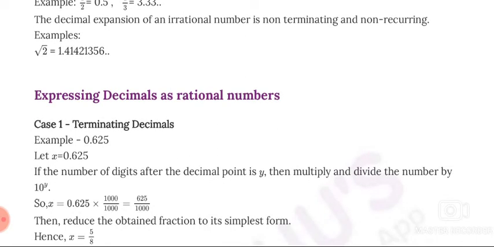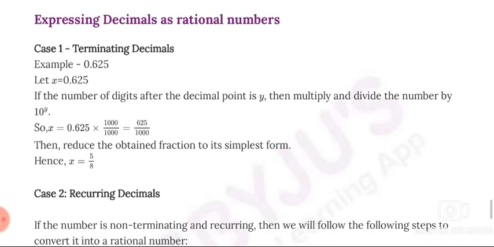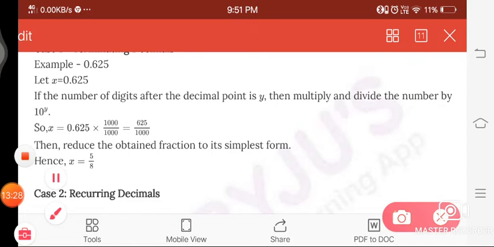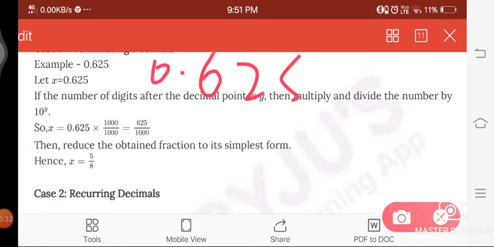Okay, expressing decimals as rational numbers. Case 1, terminating decimals. Example: 0.625. Let x be 0.625.